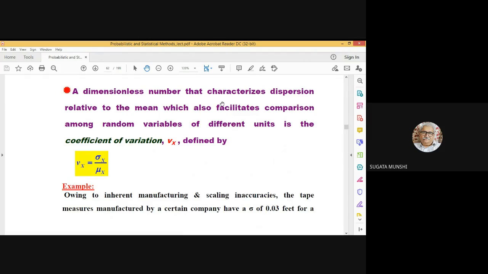And in case of 0.3 volt signal, maybe the expectation is 0.1 volt. All right. So you cannot compare without taking into consideration the expectation also. So that's why these dimensionless varieties are useful.